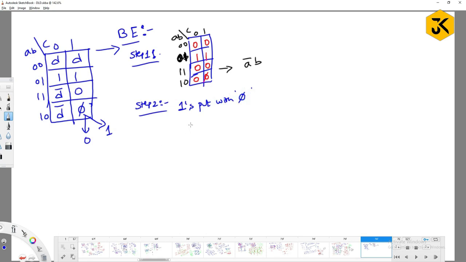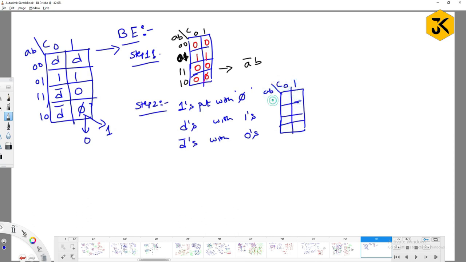In place of variable D's, the normal variables, you have to put ones. In place of complements, put zeros. Complements put with zeros, right? Then you are going to get the table like this. This should be ABC 0 1 0 0 0 1 1 1 1 0.